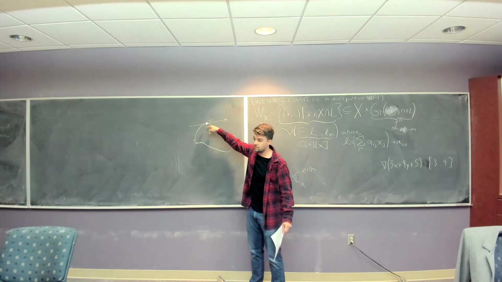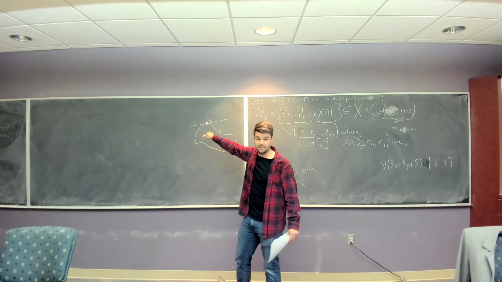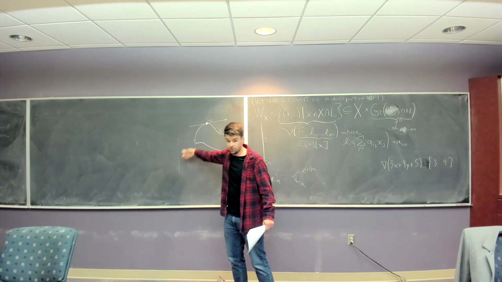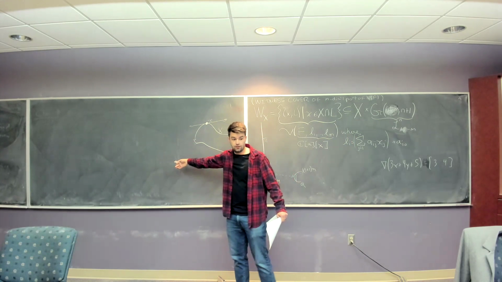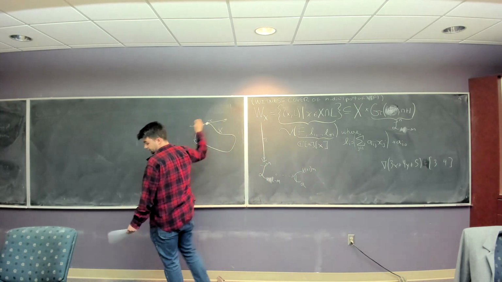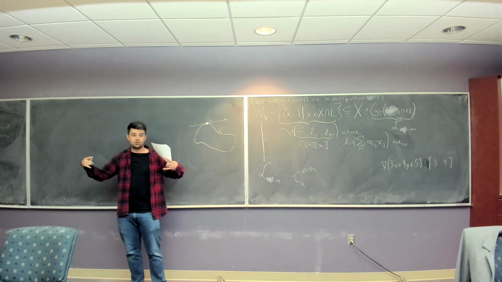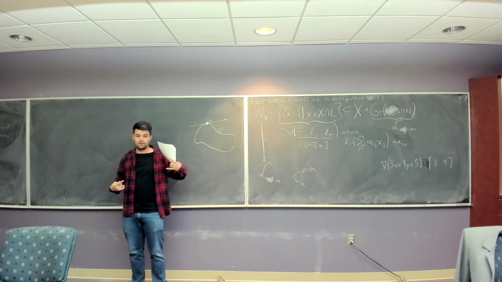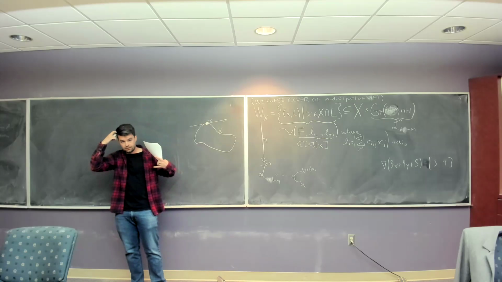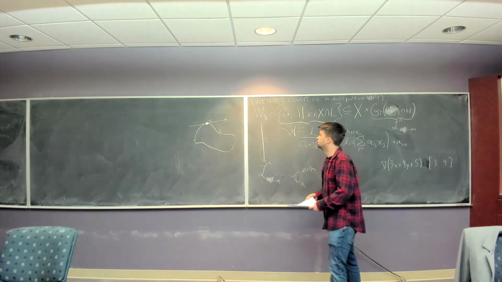So the problem occurs exactly when I choose a linear form which is tangent to my variety at that point. In other words, it's already in the row space of the Jacobian, and so it doesn't bump up the rank. I have some Jacobian here, and the row space there describes the tangent space. So if I take something that's already in the tangent space and I throw it in, then I'm not upping the rank.